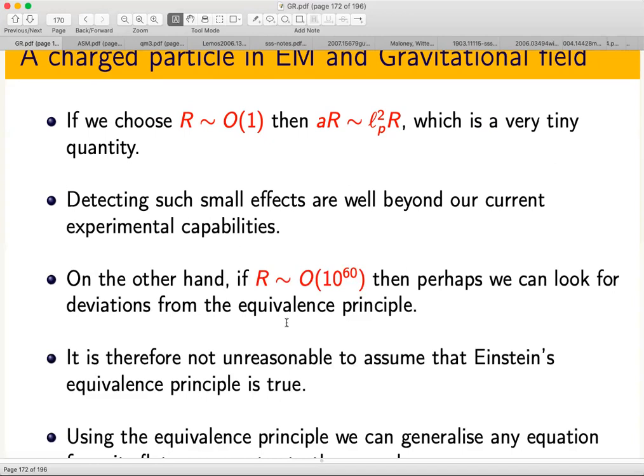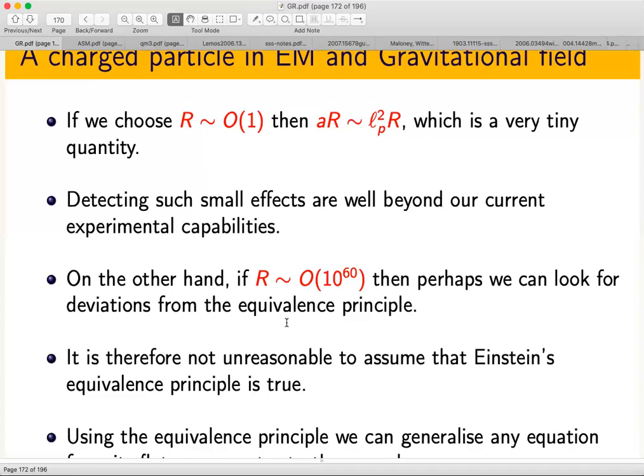And as I was mentioning in the last lecture, LIGO is actually doing detections at very high precision, something of the order of 10 to the minus 26 centimeters. It may be able to reach something of the order of 10 to the minus 30 in 40 years, some such thing.